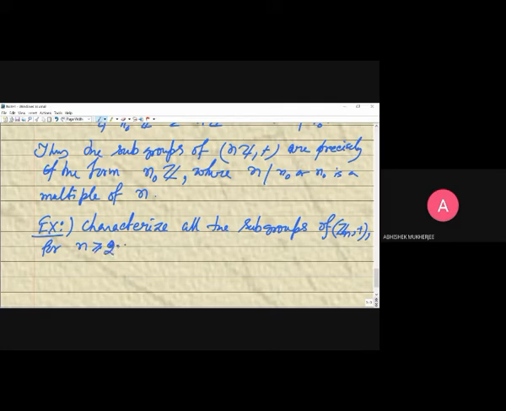So this is your task. You need to check what the subgroups of Zn plus are.